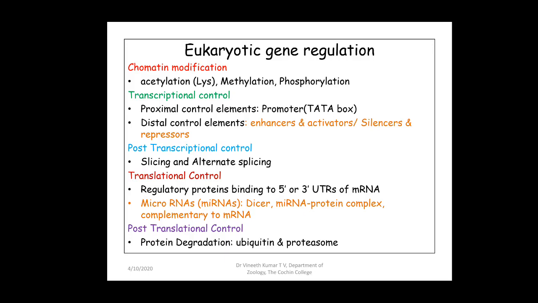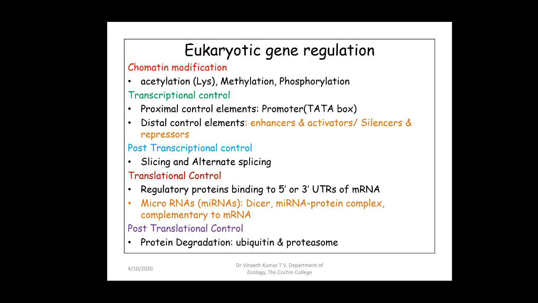What happens here is that modification of chromatin means you are supposed to either tighten your DNA or loosen your DNA. Loosening your DNA means DNA will show up and RNA polymerase will do transcription. Otherwise, you are going to tighten the DNA. As a result, no transcription occurs. Tightening the DNA means you are not allowing the histones to move out of the DNA.